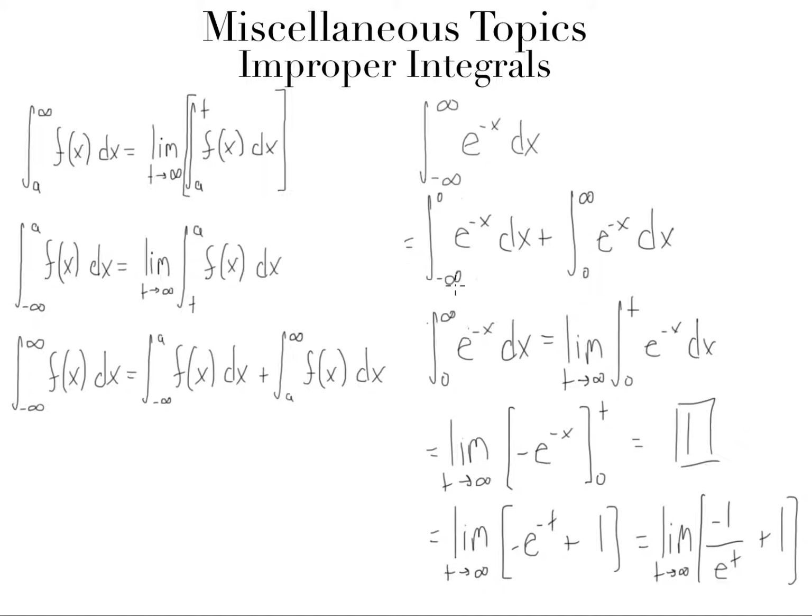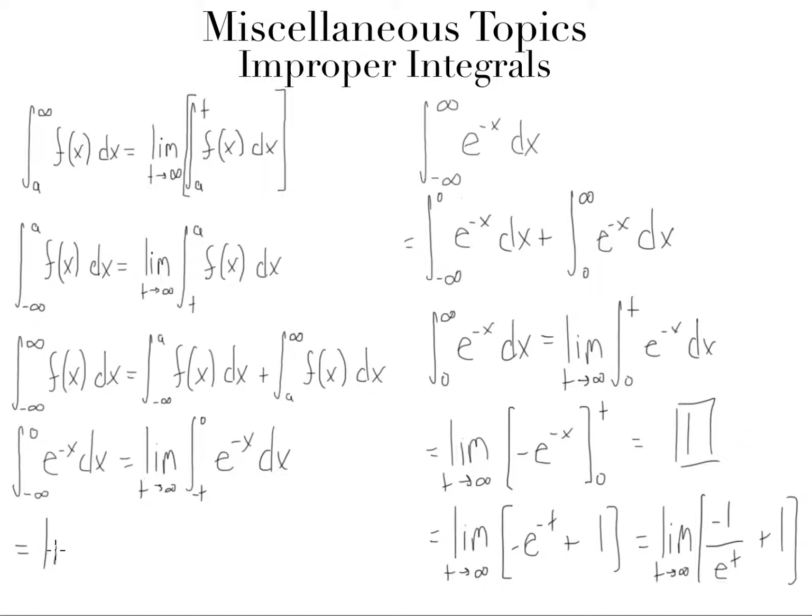Now if this second integral is convergent, then we will have an expression for this integral from negative infinity to infinity. So let's try to integrate the other integral. We write in the same manner, the integral from negative infinity to 0 of e to the minus x dx is equal to the limit as t goes to infinity of the integral from negative t to 0 of e to the minus x dx.